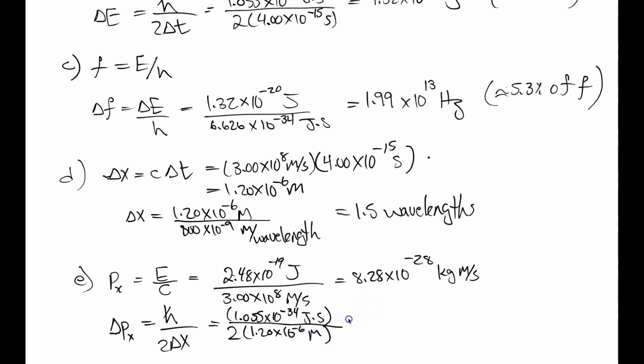And that gives us an uncertainty of 4.4 times 10 to the negative 29 kilogram meters per second, which unsurprisingly is about 5.3% of the momentum.